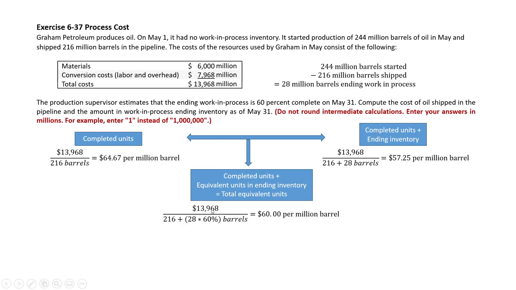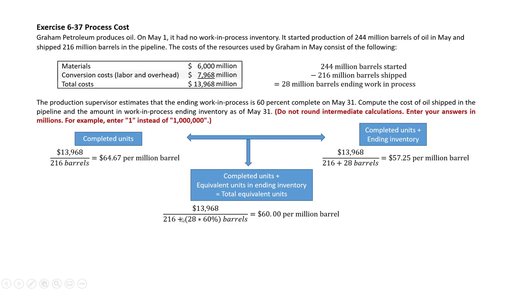So I'm going to take the same 13,968, divide it by the addition of the 216 barrels, again, that were shipped out, plus the equivalent of the ending work in process inventory by taking the number of physical units, 28, times the percentage of completion, 60%. I don't show it here, but that would be 16.8 equivalent units.